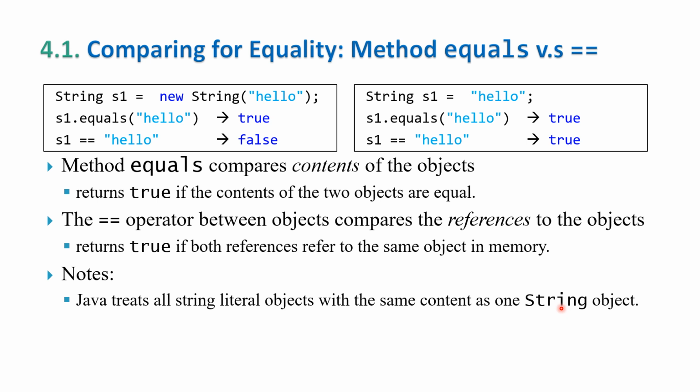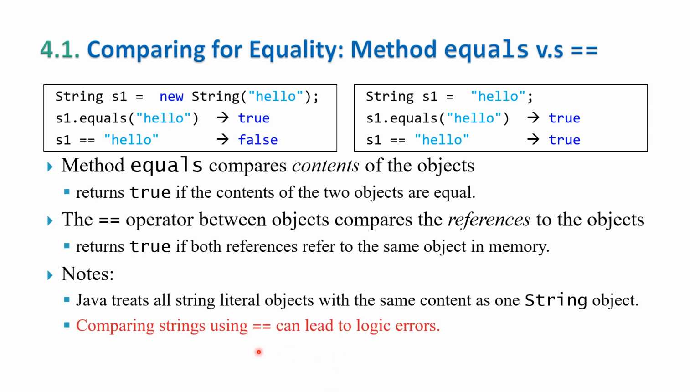So if you declare s1 and assign it the string literal hello, then applying the equality operator between s1 and the string literal hello will result in the true value, because here s1 refers to the same string object in memory that represents the string literal hello.